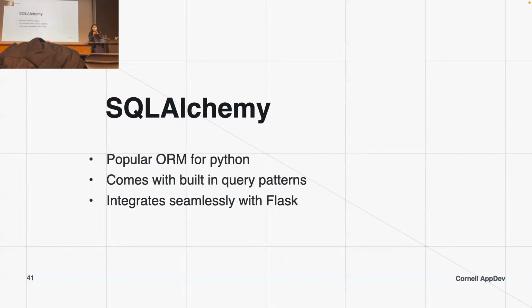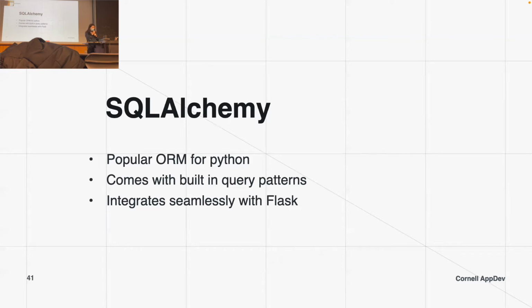So in this class, we use SQLAlchemy as our ORM. This is just a popular ORM for Python, and it comes with a lot of built-in query patterns. It selects stuff for you, and it integrates very seamlessly with Flask.